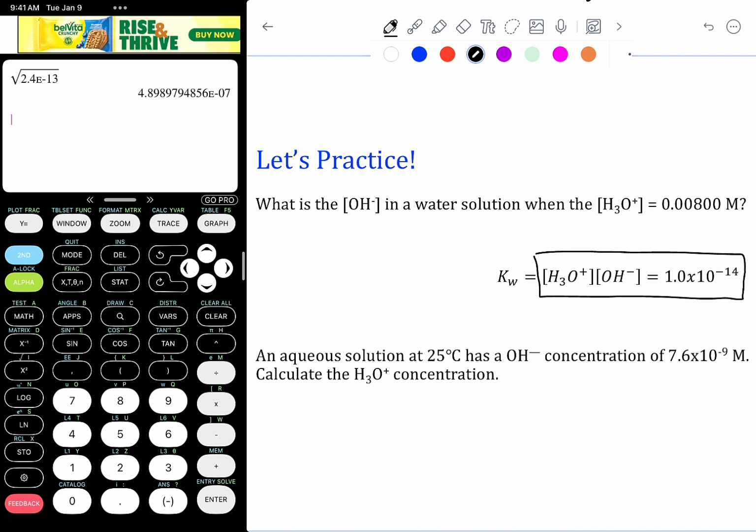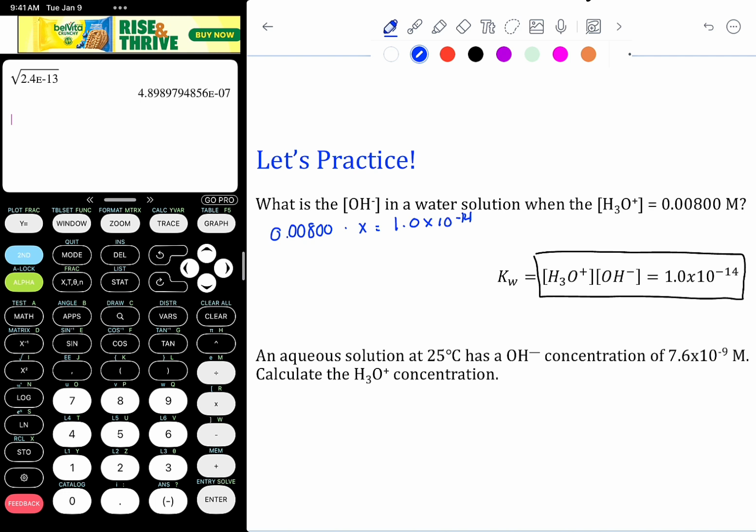So for our first problem, if we know the H3O plus concentration and we know Kw, we can solve for the OH minus concentration. So we know that the hydronium ion concentration is 0.00800. We're going to multiply that by our factor x, and we're going to set that equal to 1.0 times 10 to the minus 14.